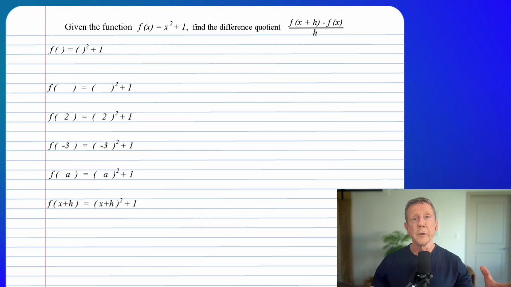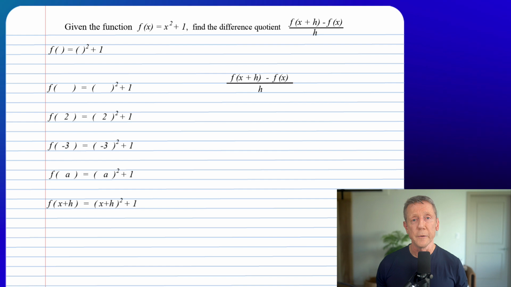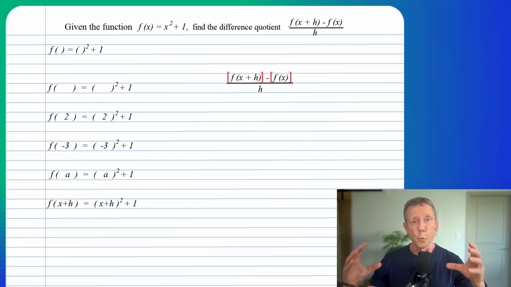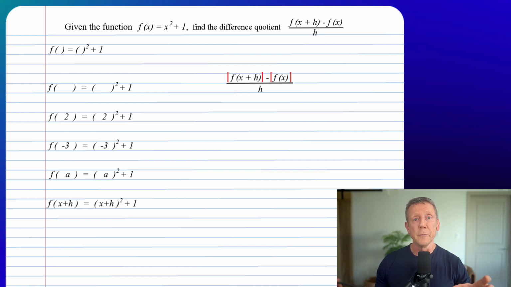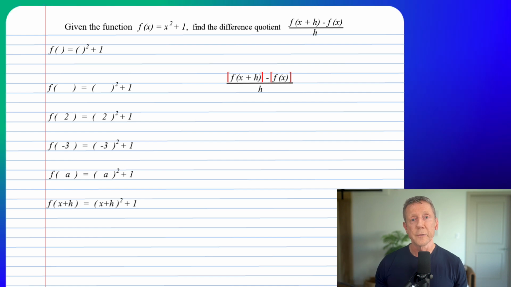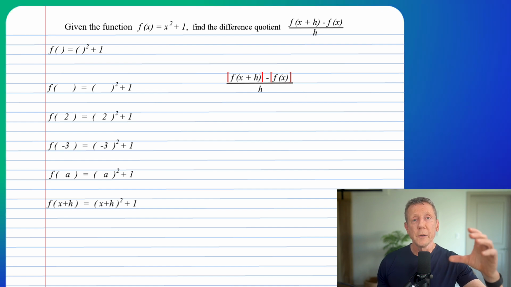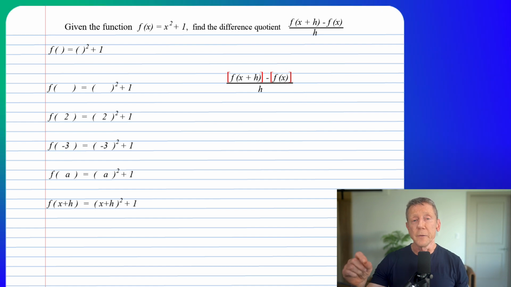So the next step is to tackle the difference quotient. Put grouping symbols around the f of x plus h and the f of x. I'd use square brackets. These grouping symbols serve two purposes. First, it makes it much easier to see what to insert where. And the second thing is it prevents you from losing that minus sign between the two terms in the numerator.